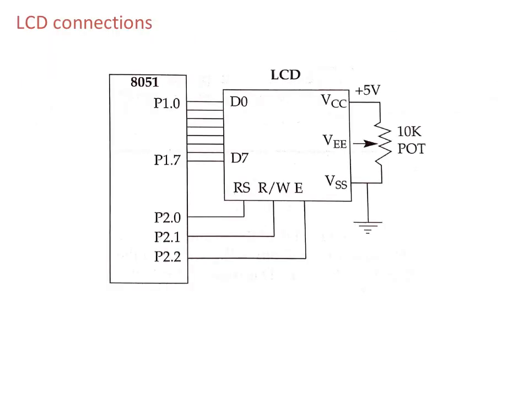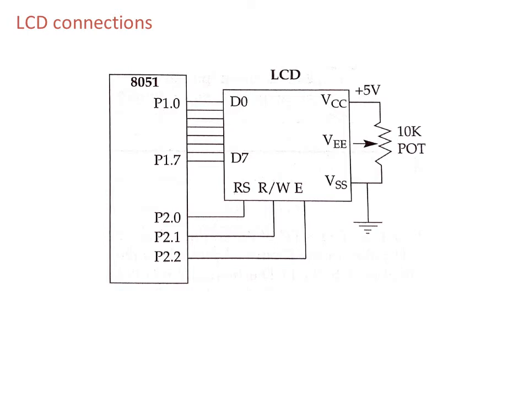The LCD connections to the 8051 microcontroller are shown in the figure. As we discussed earlier, we can clearly see here that port 1.0 to 1.7 of the 8051 microcontroller is connected to D0 to D7 pins of the LCD, and port 2.0 of the microcontroller is connected to the RS pin.